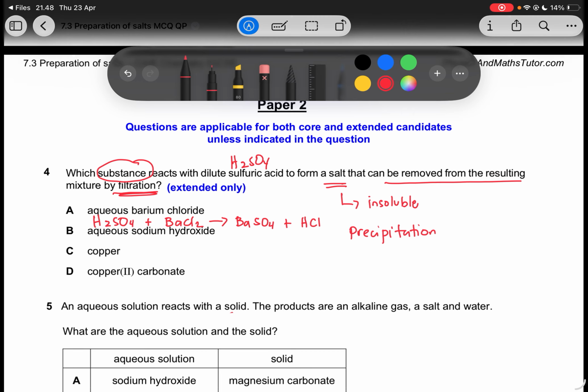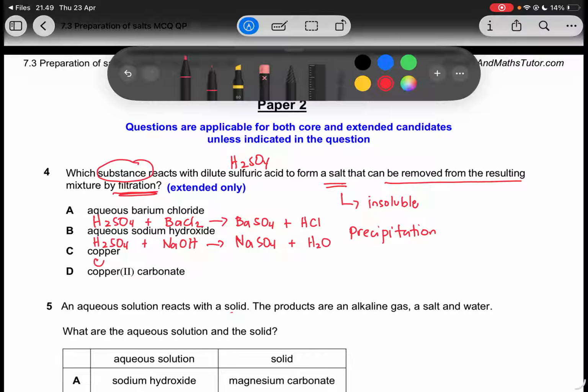Second option, we have again H2SO4 reacting with sodium hydroxide, which will result in sodium sulfate and H2O.